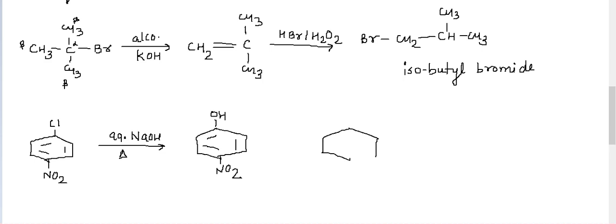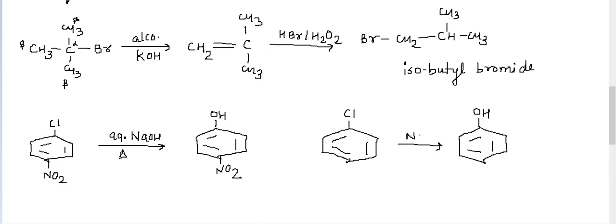But just one point you remember, if you have only chlorobenzene and you want to convert it into phenol, then you can use reagent NaOH, but you have to apply 600 to 650 degree Celsius temperature, and we need to apply pressure as well.